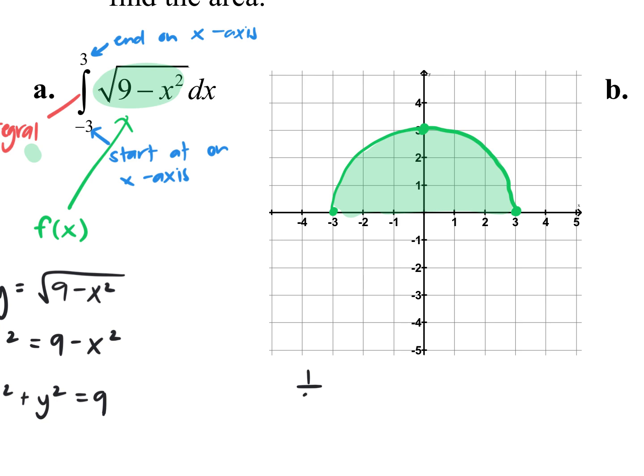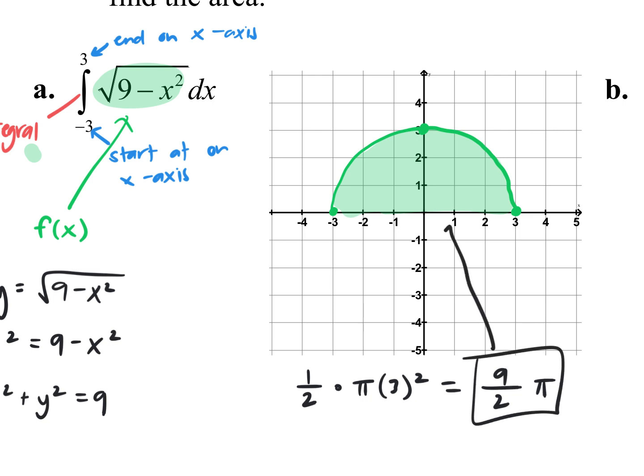So 1/2 times pi r squared, since my radius is 3, I get 9/2 pi, or 4.5 pi. That's the area that's underneath the curve. You just did your first integral without even doing calculus. Questions on this one?